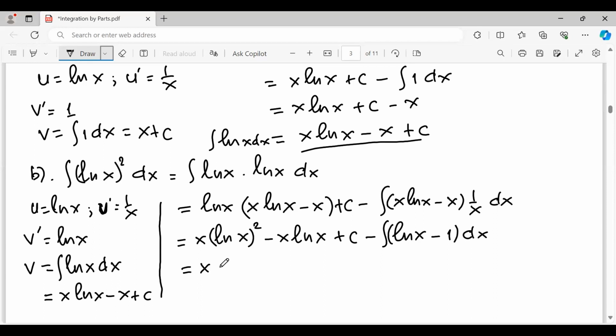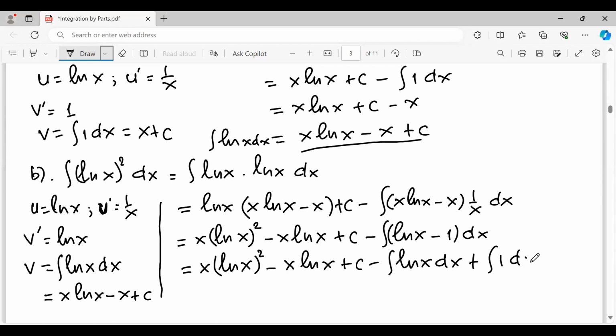So it is x ln x squared minus x ln x plus c minus integrals ln x dx plus integrals 1 dx.